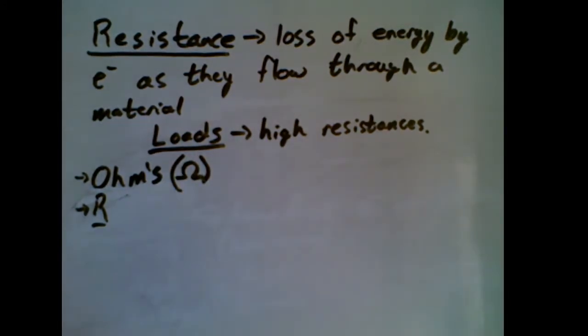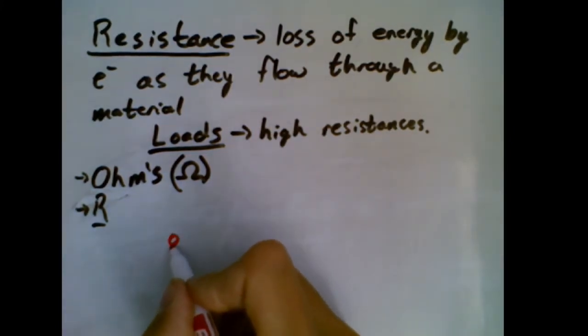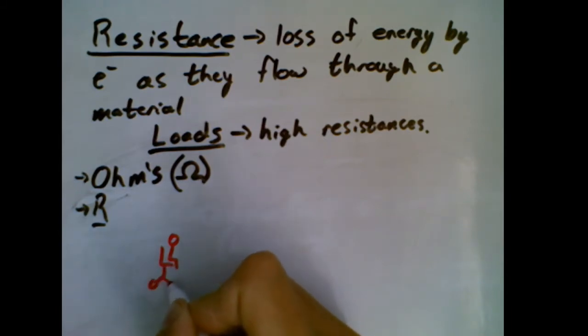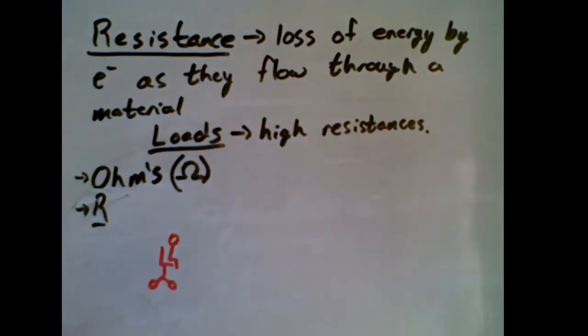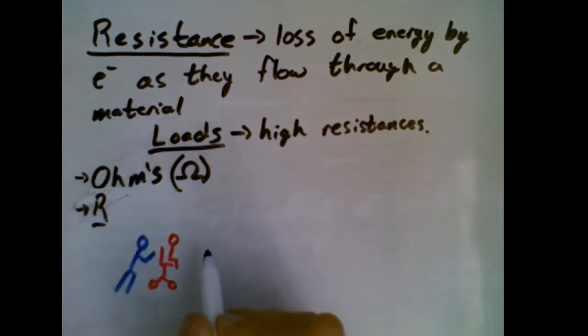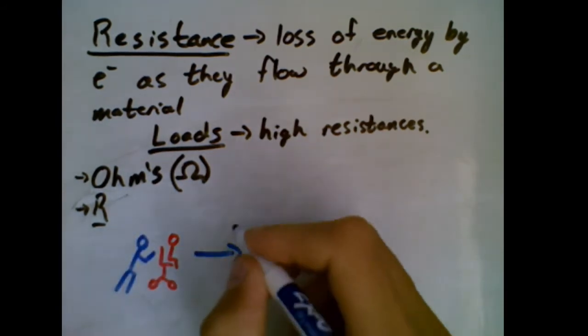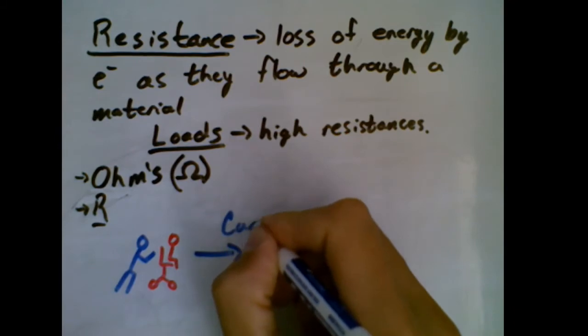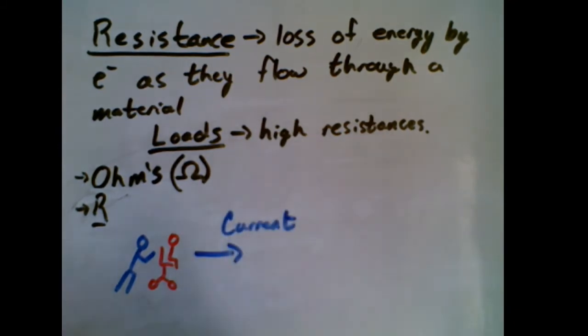Okay, let's go back to our analogy. We had our electron. It's like our person sitting in our little wheelie chair. We have our voltage. That's the person who is actually going to push the wheelie chair and generate the current. So we have our current that's coming out of the push.